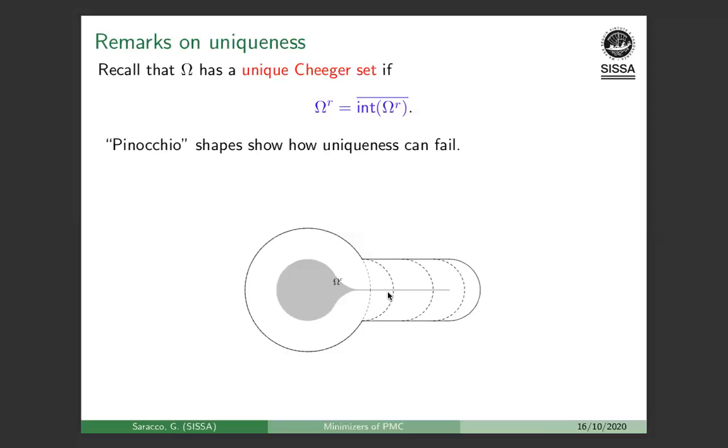And then if you translate it to the right, you're not changing the energy. The computation is exactly the same as the one for the dumbbell, because you essentially add in perimeter twice the length of how much you're moving, and you add in volume twice the radius times the length, but the radius was chosen exactly to be the inverse of the constant in this case.